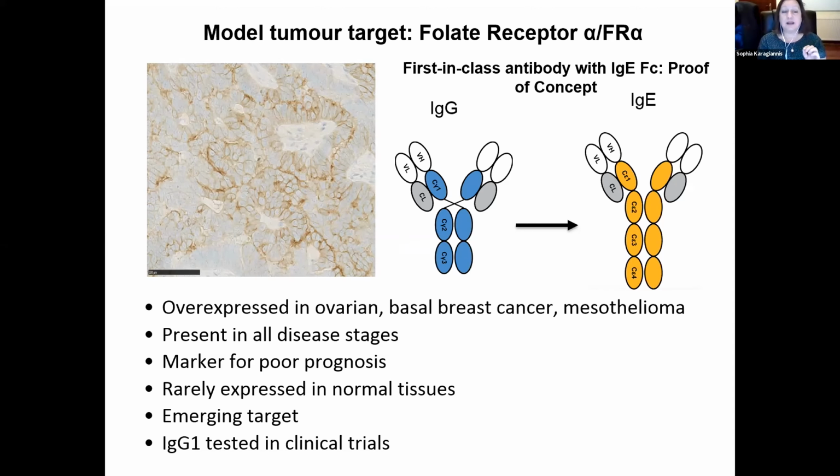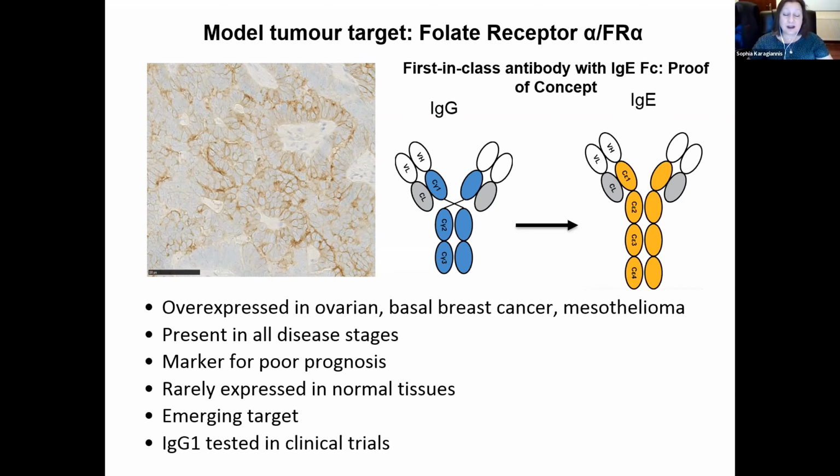This target is present at all stages of disease in different tumor types, including ovarian cancer, and is a marker for poor prognosis for patients generally. It is rarely expressed in normal tissues, and in fact, it's expressed on the apical surfaces of certain tissues, such as the kidney and the choroid plexus in the brain, which means that access from the blood circulation is much lower for those expressing tissues.